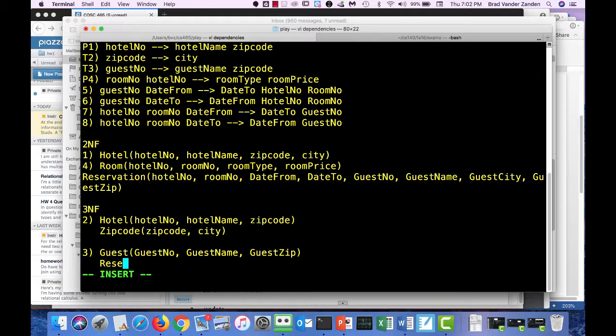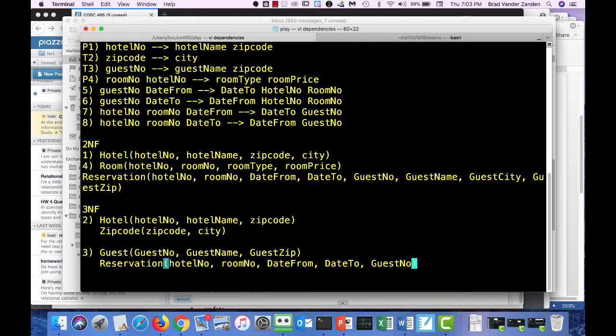And then the remainder of the reservation is hotel number, room number, date from, date to, and the determinant, which was guest number, that stays, but the guest name, guest city, and guest zip have moved off to the decomposed relations.